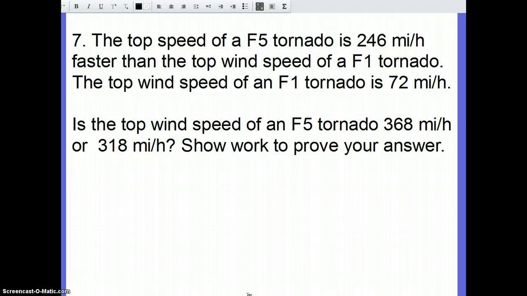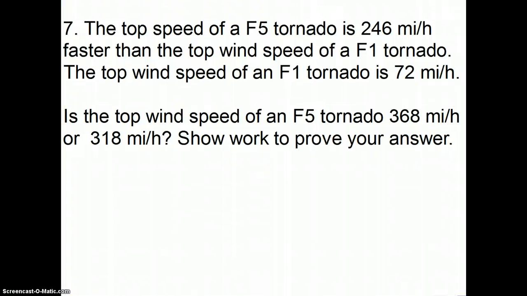Alright, the top speed of an F5 tornado is 246 miles per hour faster than the top speed of an F1 tornado. The top wind speed of an F1 tornado is 72 miles per hour. So this question is asking you, is the top wind speed of an F5 tornado 368 miles an hour or 318 miles an hour? And show your work to prove your answer.